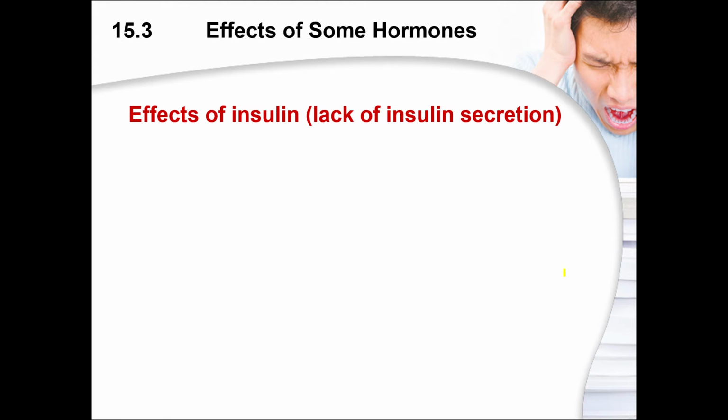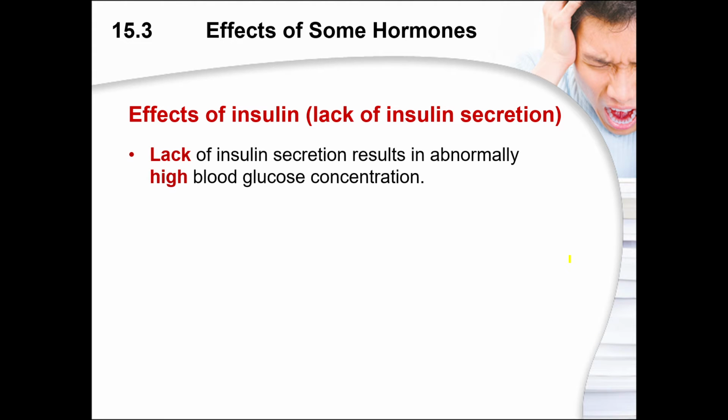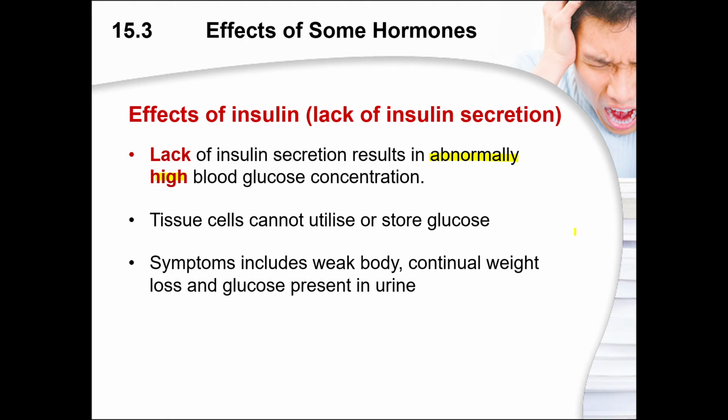How about a lack of insulin secretion? Okay, so when you have a lack of insulin secretion, you will have an abnormally high blood glucose concentration. So this happens in people who have genetic problems. They cannot secrete insulin. Alright, so when that happens, the tissue cells cannot utilize, they cannot store glucose, so their blood glucose level will fluctuate according to how much glucose they eat.